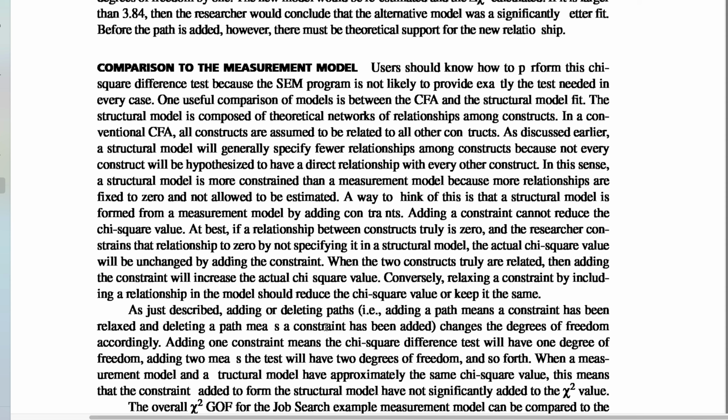At first, if the relationship between the constructs truly is zero, and the researcher states that relationship as zero but it is not specified in the structural model, the chi-square value will be unchanged. By adding constraints, which are the following constructs truly unrelated, adding the relationship to the model should reduce the chi-square value or keep it the same.